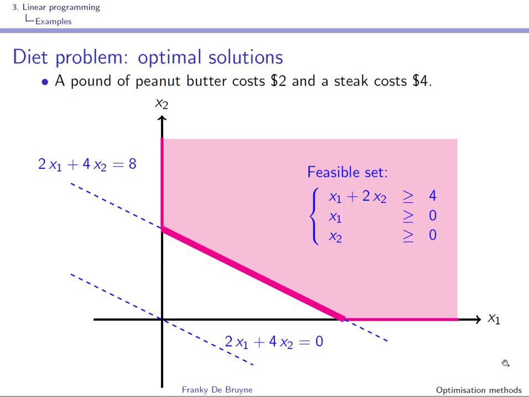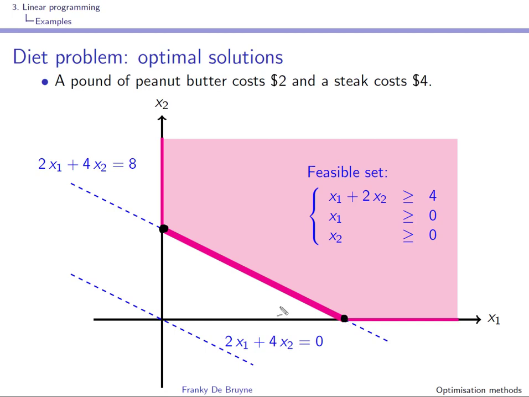Note that the simplex algorithm that will be introduced in the next section will run systematically over all basic feasible solutions, or equivalently over extreme points or vertices. So in this particular case here, it will either find this optimal solution that is on a vertex, or this optimal solution that is on a vertex.